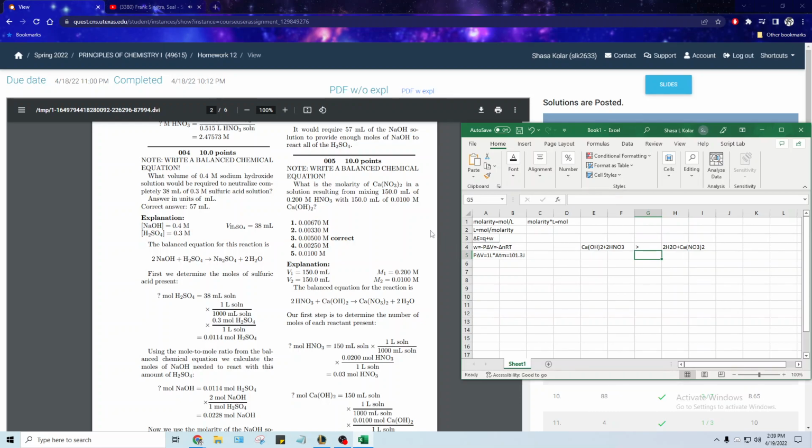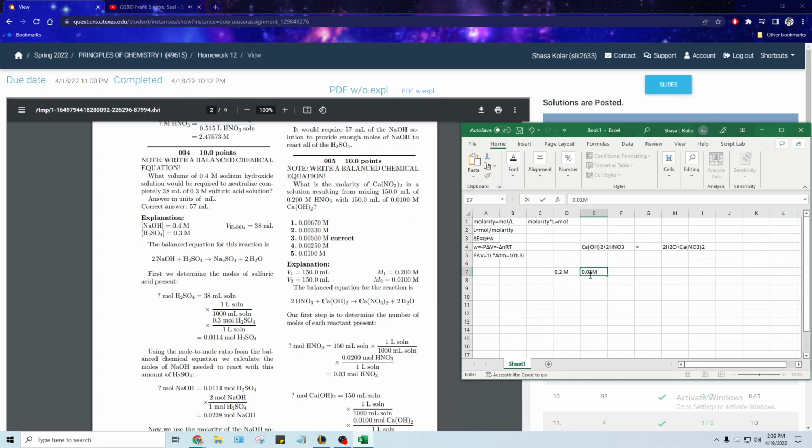Okay, so we mixed 0.2 molar HNO3 with the same amount of 0.01 molar. So let's just compare these two numbers. This is the exact same number of liters. 0.2 molar, 0.01 molar.